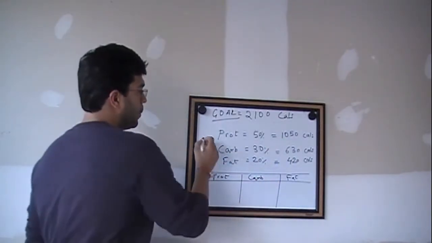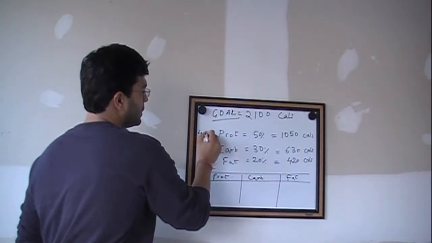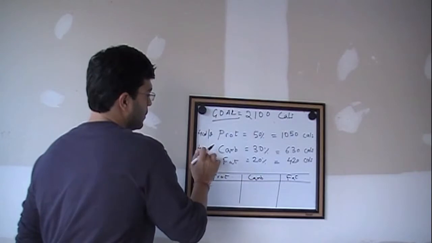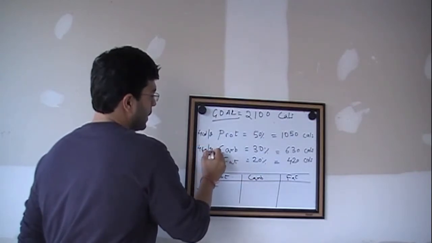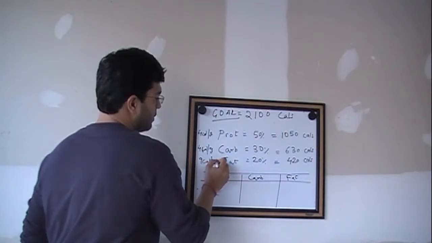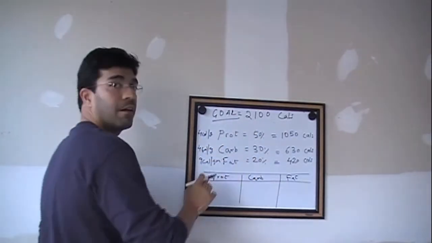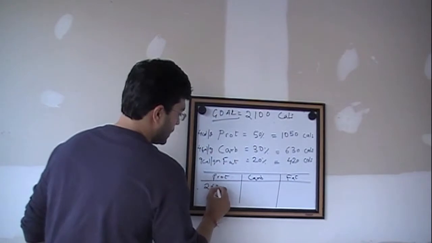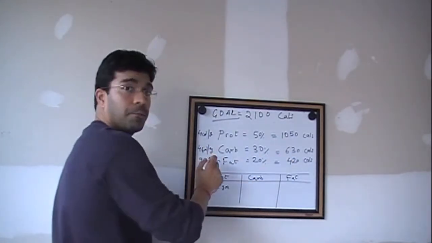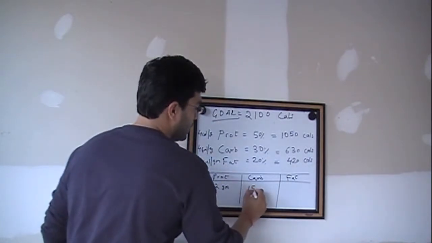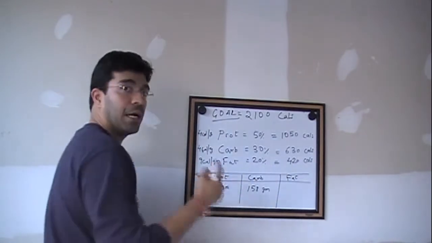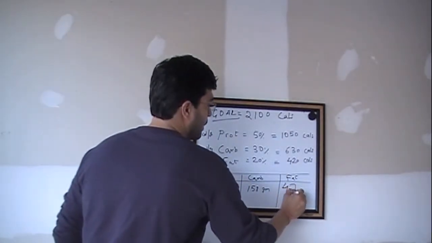Now note that protein has 4 calories per gram, carb has 4 calories per gram, and fat has 9 calories per gram. So 1050 divided by 4 is about 262 grams. 630 divided by 4 is about 158 grams, and 420 divided by 9 is 47 grams.